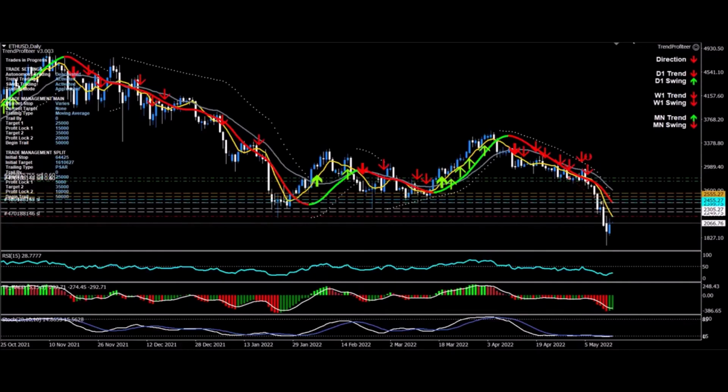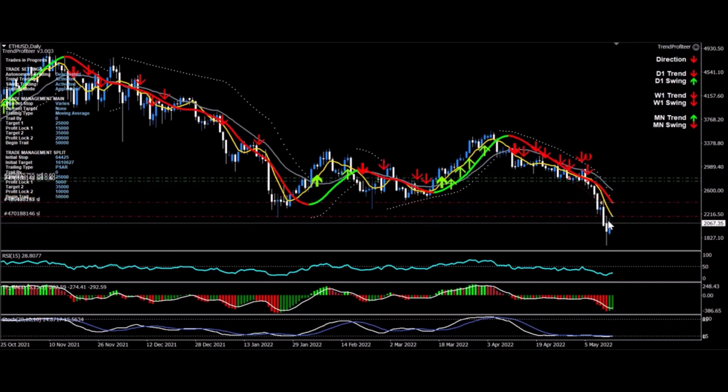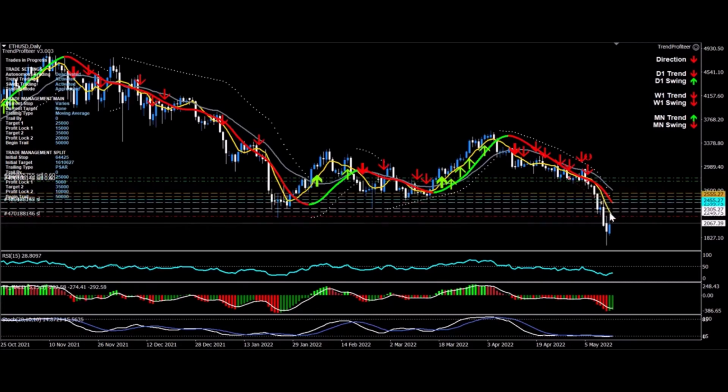Okay, so we've had price move up a little bit, currently at 2066. My part trade is still here, and it's moved in accordance with the moving average, which is its trailing methodology. The other 2 trades are now following the parabolic SAR, which is their trailing methodology.